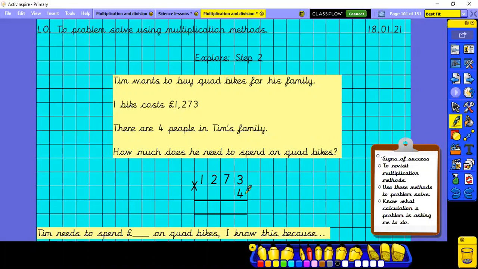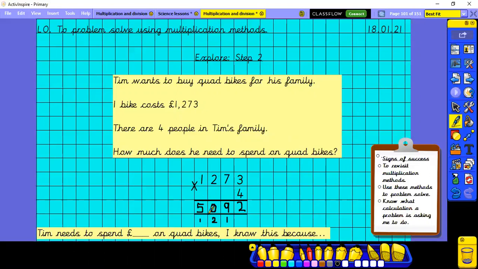Again, the ones column to start, 4 times 3 is 12, our 2 goes here, and our 1 underneath. 4 times 7 is 28, and then our 28 becomes 29, so our 9 goes here, and our 2 underneath. 4 times 2 is 8, add the 2, that becomes 10, so 0 here, and 1 underneath. And then 4 times 1 is 4, add our 1, that becomes 5, and that goes here.